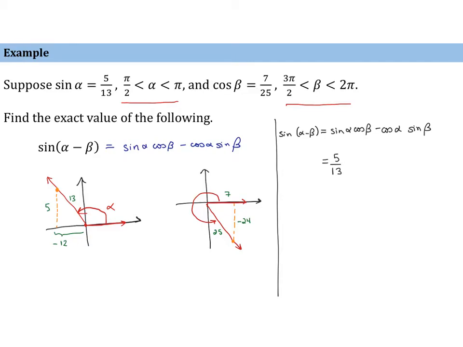Cosine of beta we were given, and it is 7/25. Minus the cosine of alpha will be negative 12/13. And the sine of beta will be negative 24/25.